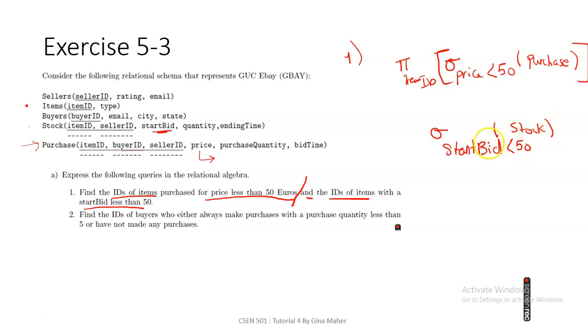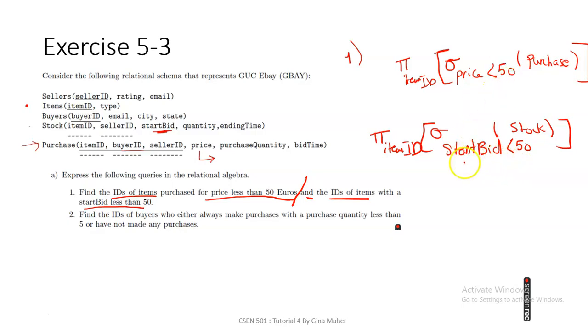Do we need the whole row or do we just want the item ID? We want the item ID, so we are going to project item ID. Now we have a relation with the item IDs of the purchases less than 50 and the item IDs with the stock less than 50 start bid.